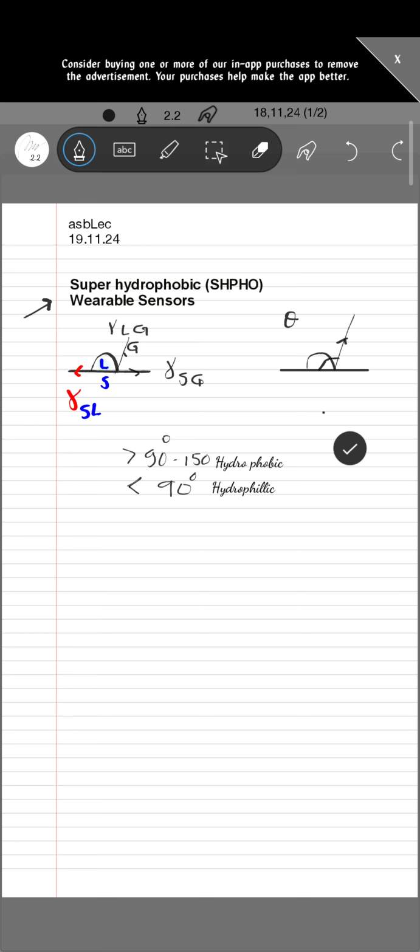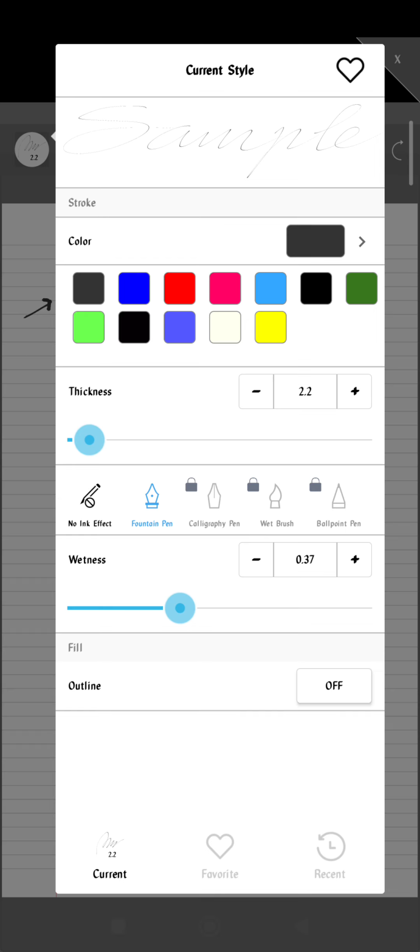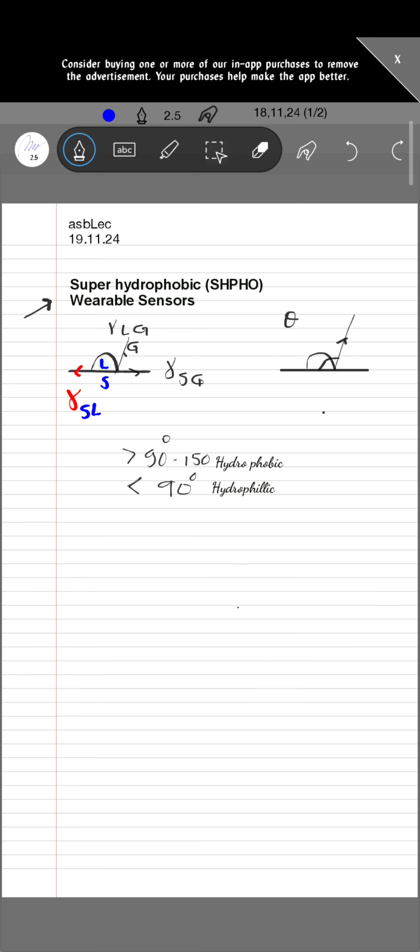Now if somehow this value exceeds 150 degrees, then we actually call it super hydrophobic. And similar to this, if this value is less than 10 degrees, then we call it super hydrophilic.